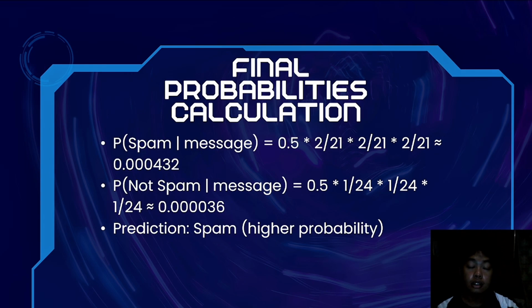Let's break down the given numbers: 0.5 times 2 over 21 times 2 over 21 times 2 over 21.